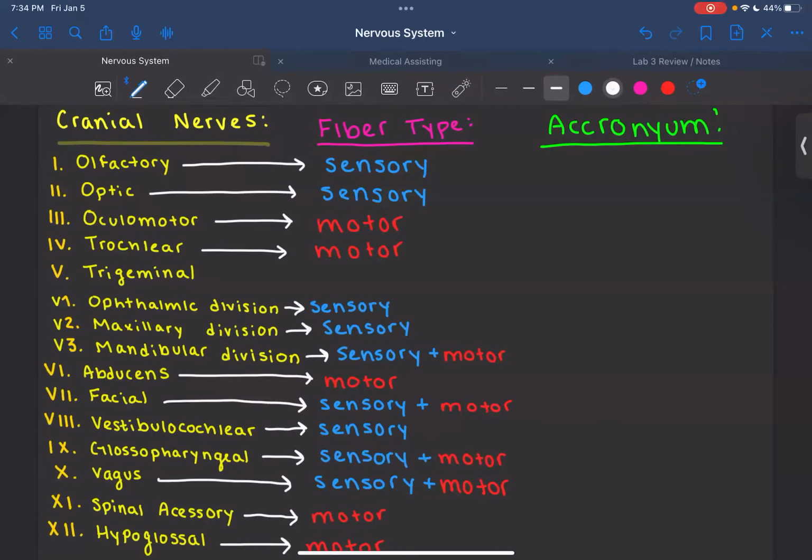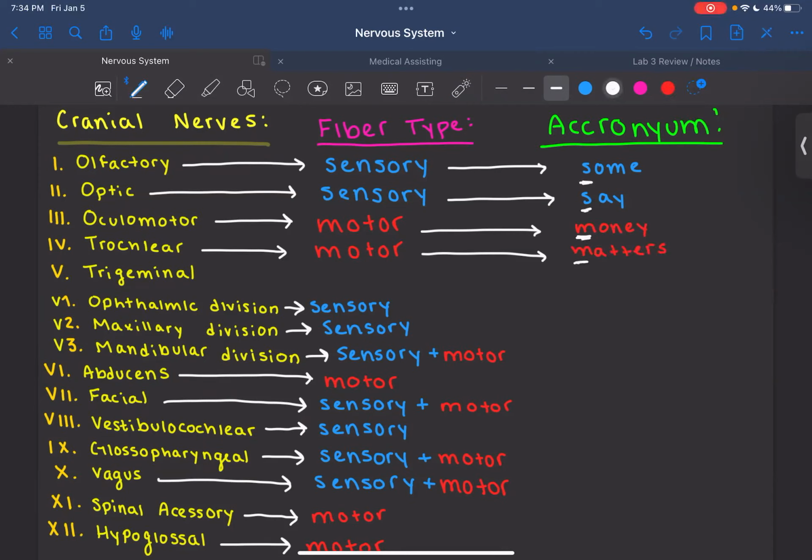I'm just going to go through it pretty quickly, and then I will explain a little bit why the acronym is written this way, even though I think it's pretty self-explanatory. So sensory is going to be "some," "say," then we get to motor, "money," "matters." Hopefully you get the gist here with the beginning of the letters.